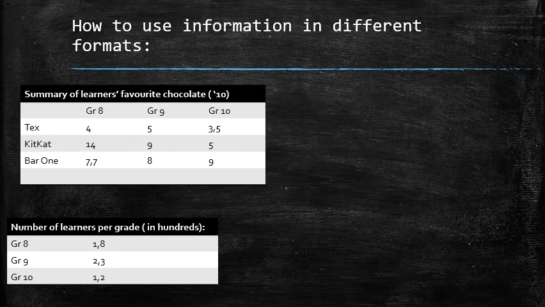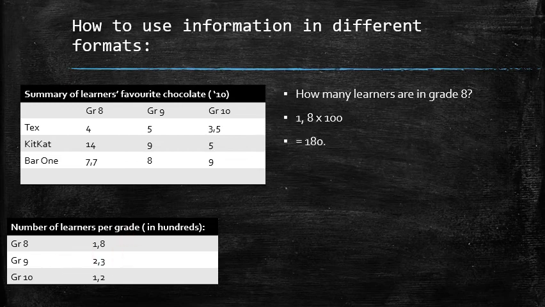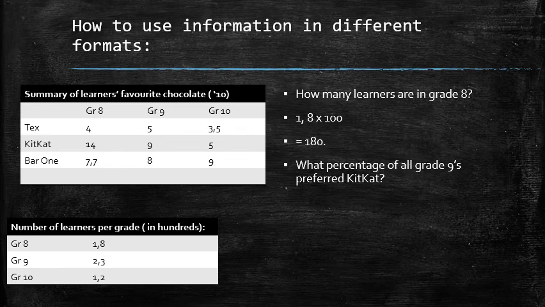So now when we start using this information, if we have a look at this, how many learners are in grade 8, we can see that the number of learners in a grade is in hundreds. So grade 8 will be 1,8 times 100, which is 180 learners. And now if I ask something like, what percentage of all the grade 9s preferred a Kit Kat? We will take the 9 learners times 10 because it's in tens.